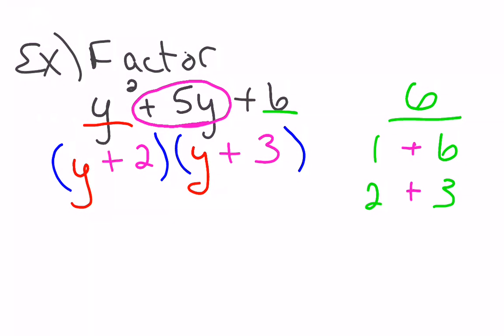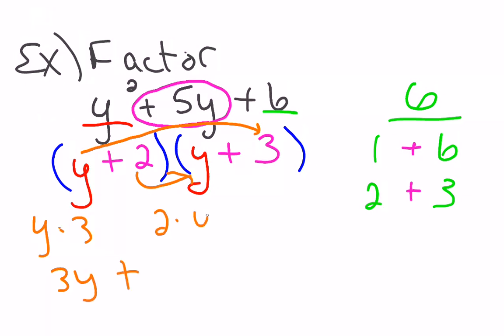Now, how can I check that I got this right? Because I can see the outsides. Y times y gives me y squared, and 2 times 3 gives me 6. But do I actually get the 5y? So check your outers and inners. Y times 3 gives you 3y.